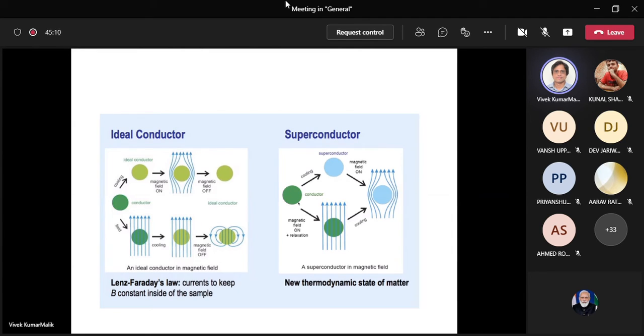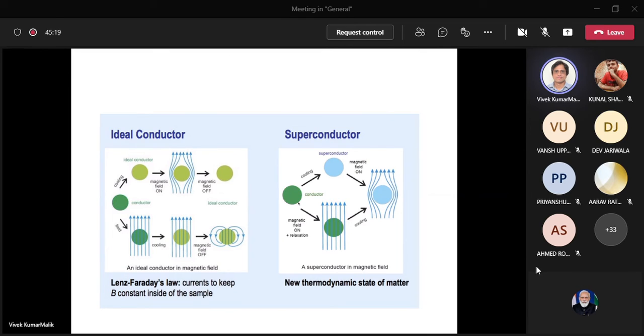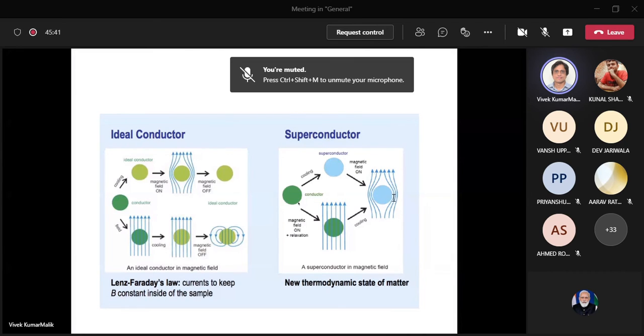It's a completely different state, a new thermodynamic state of matter. It's something absolutely different. You cannot explain it from the normal laws of conductivity or from the laws of electrodynamics. This property is actually used to generate magnetic levitation.